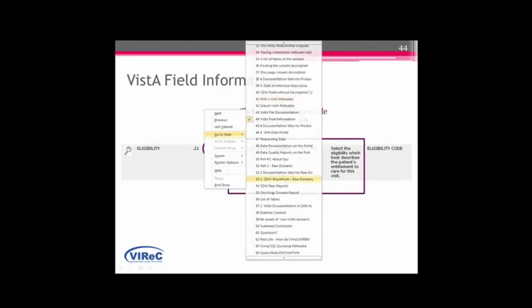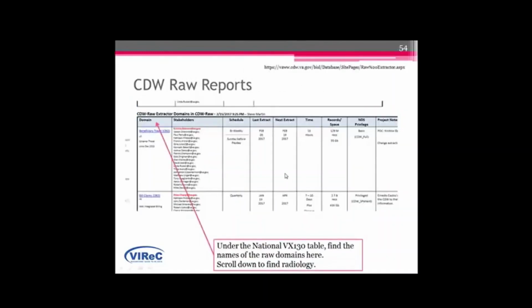Okay, so here on this slide, you can see the schedule of updates is the third column in this report. So it's telling you that beneficiary travel is updated on a biweekly basis, and right below that, bill claims is updated on a quarterly basis every year. So they have different update schedules associated with each one of the raw domains, but I would say production would be more recent, more up-to-date than raw.